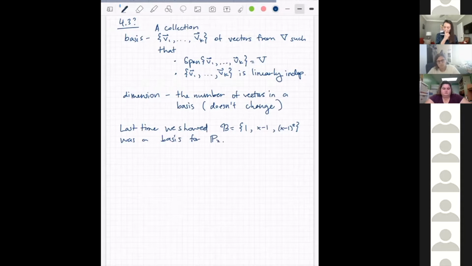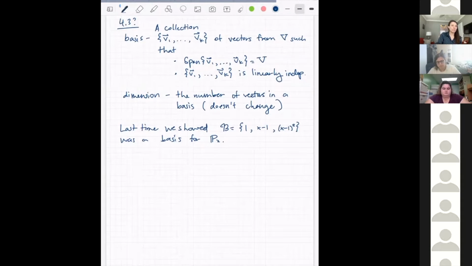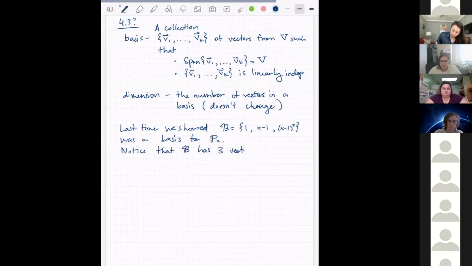We showed that these were linearly independent and their span was all polynomials of degree 2. Notice that this has three vectors in it.